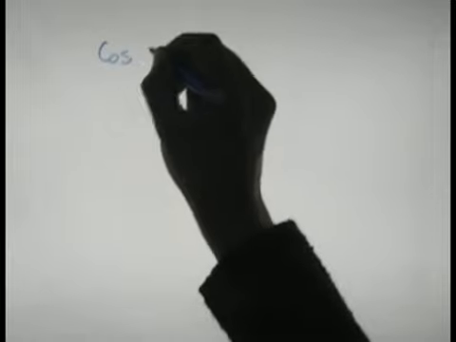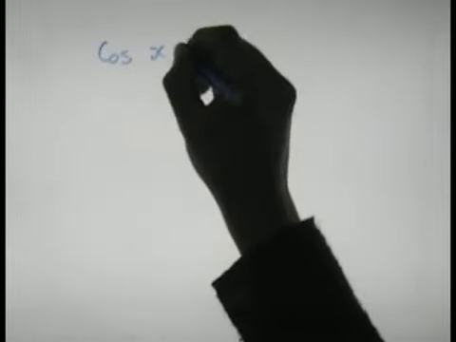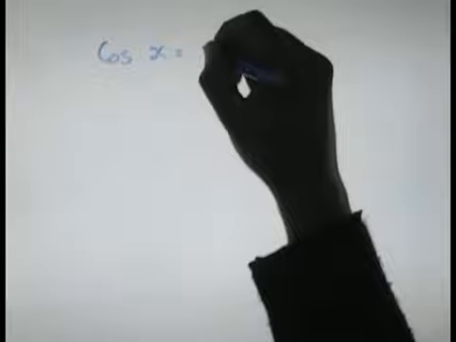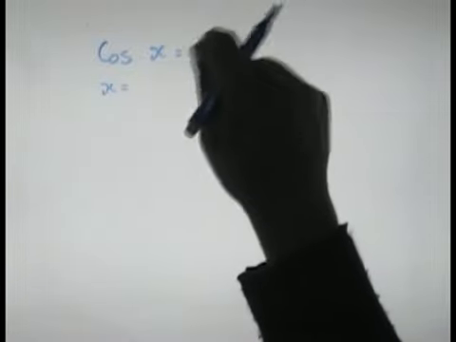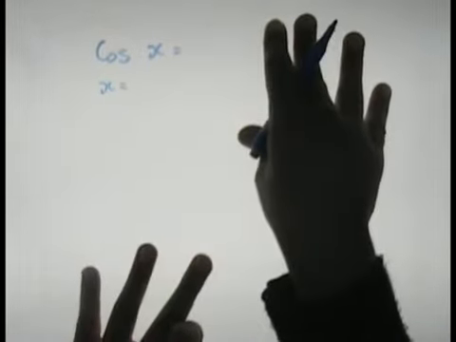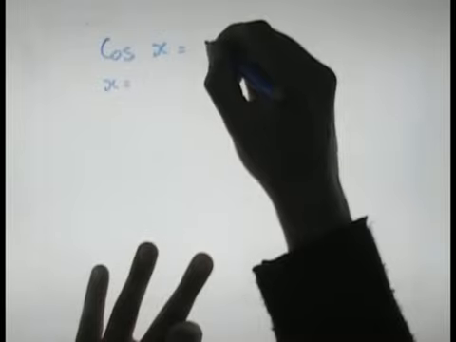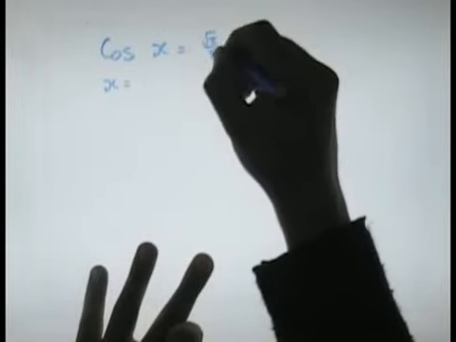So for cos of x, let's say cos of x is equal to root 2 over 2.